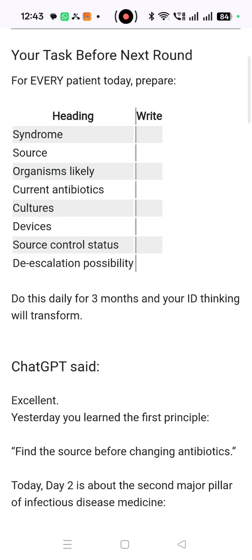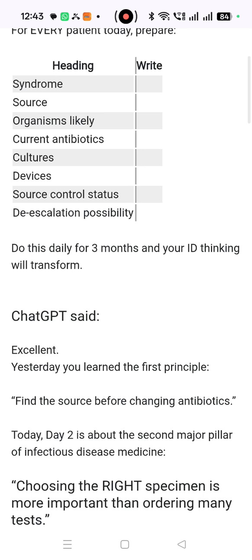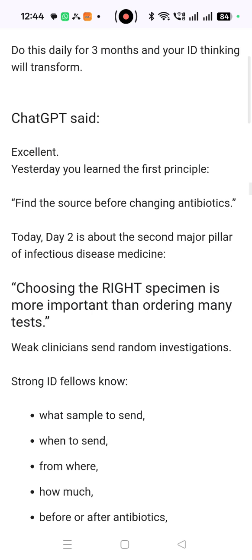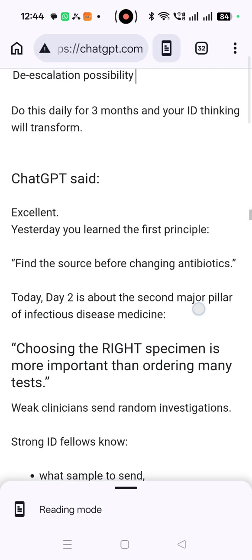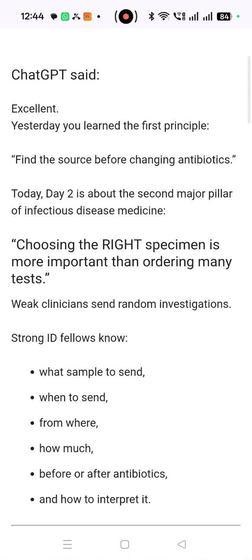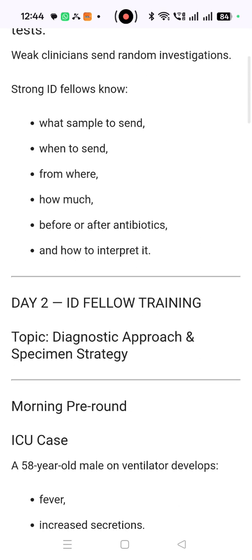Gradually you start practicing this. So this is the first day, and then we will go to the second day.